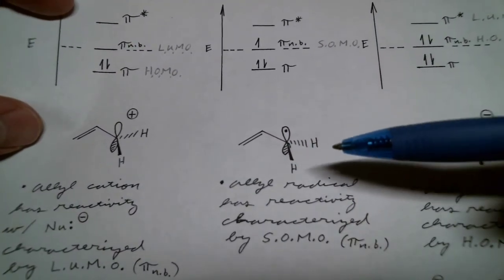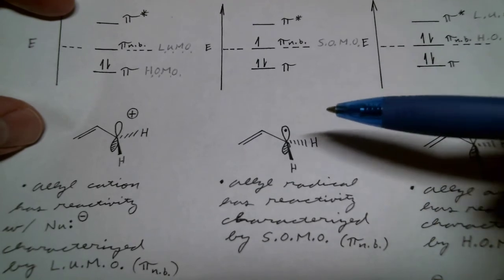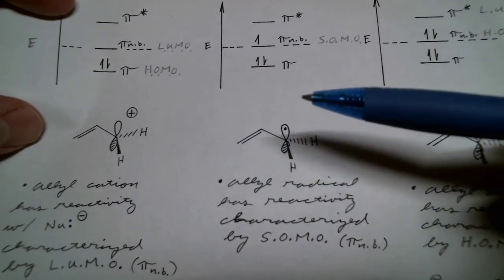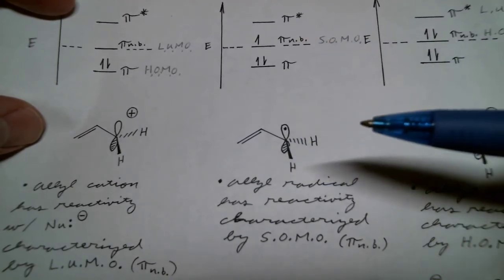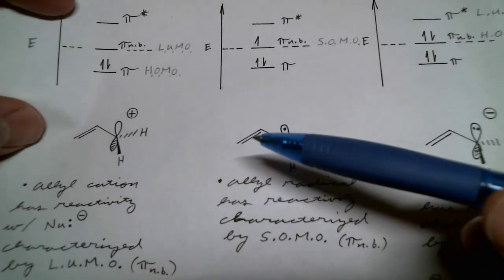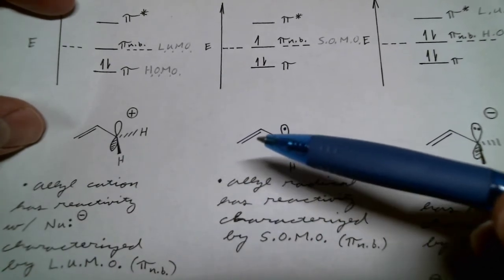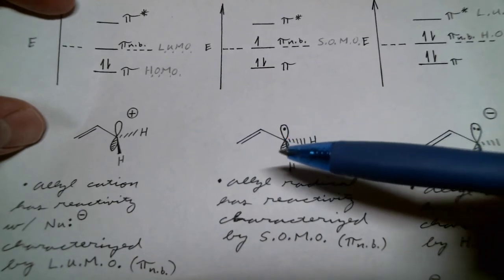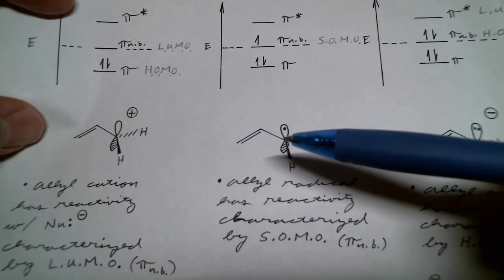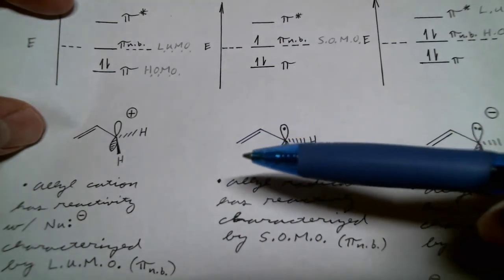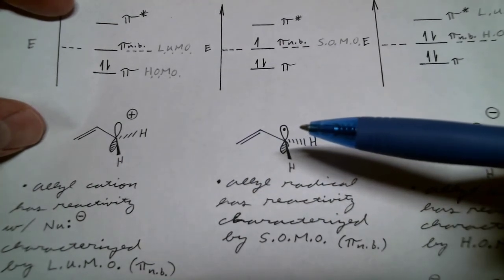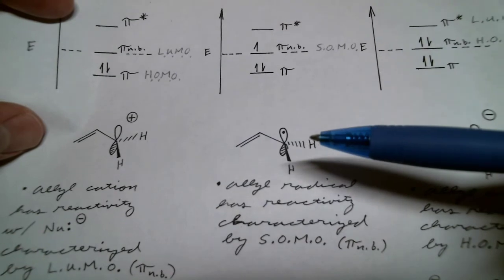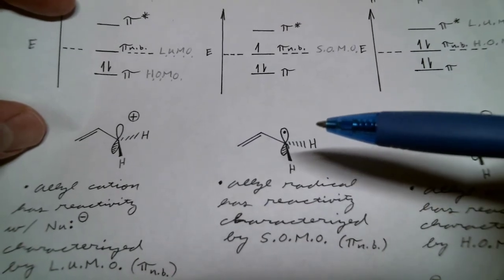All right, how about the allyl radical? Well, it has a single electron in the pi non-bonding molecular orbital. Why? Because there are two electrons in that pi bond, right? And then there's one electron in this p-like orbital of this particular resonance form. So that's a total of three electrons in our pi system, which is made up of the three p orbitals.